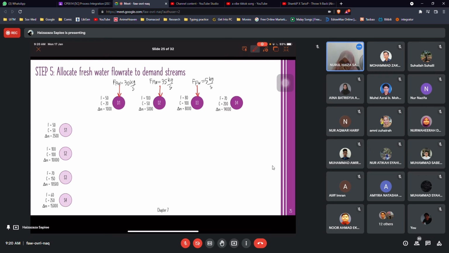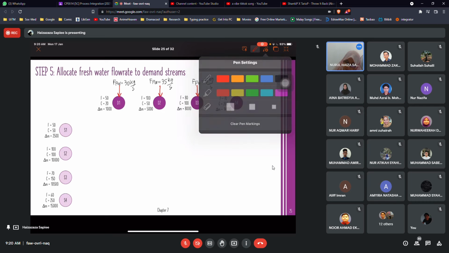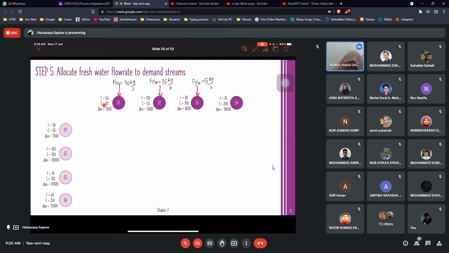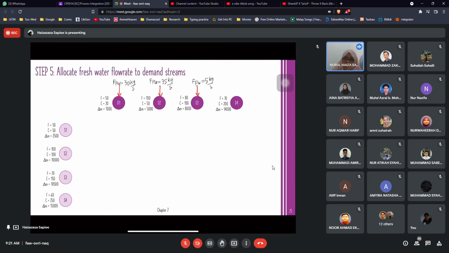But if we look here, D1 can be a bit dirty. If we understand what this actually means, the demand requires 50 kilogram per second of water at a concentration of 20, and the amount of dirtiness that it can accept is 1000.